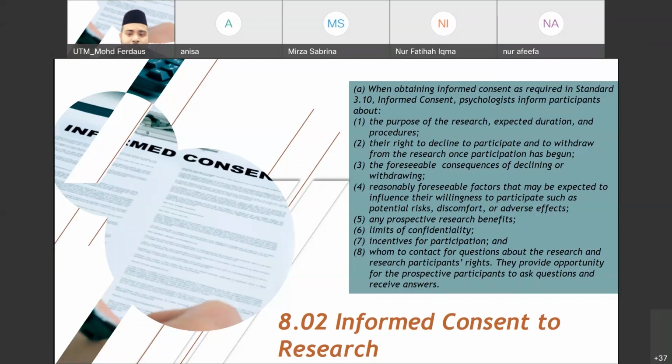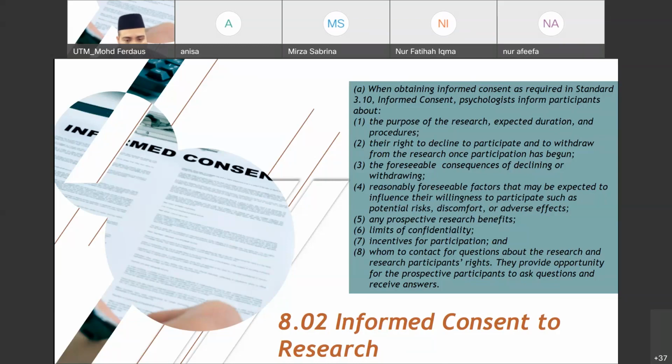Okay, number three, the foreseeable consequences of declining or withdrawing. Say for example, I'm telling you that if you answer my survey, you will be compensated with 50 ringgit. If you answer the whole survey, I'm going to give you 50 ringgit. You agreed to participate and you are entitled to get that 50 ringgit.